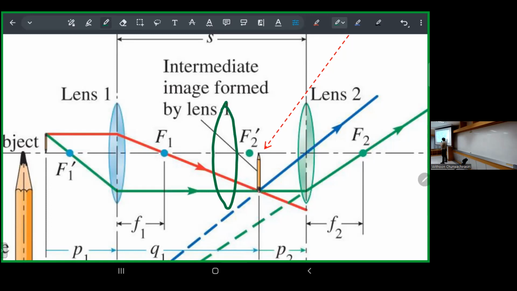But then when you take this as an object for the second lens, now your object goes behind, because you already said that's the front side of it. That's the only time that you will have a negative object distance. But if you have only a single device, either lens or mirror, you're never going to get anything negative for the object, of course.